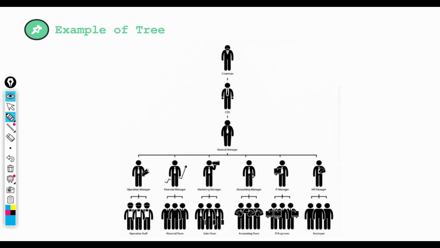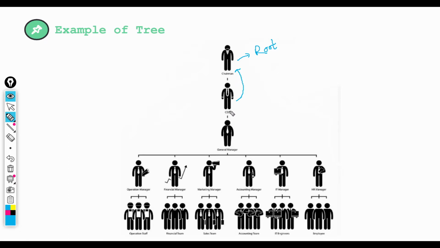As you can see, on the top of this tree we have the chairman, which is acting as the root node, the root or parent of this tree. Now we will be talking in terms of tree by using this organization chart, right? Here, this chairman has one child, which is the CEO. So the CEO is directly reporting to the chairman.